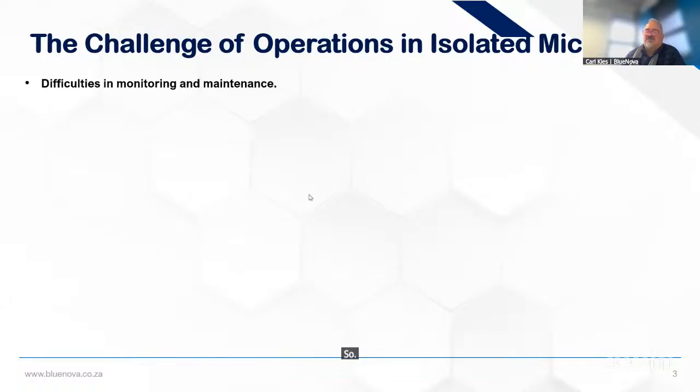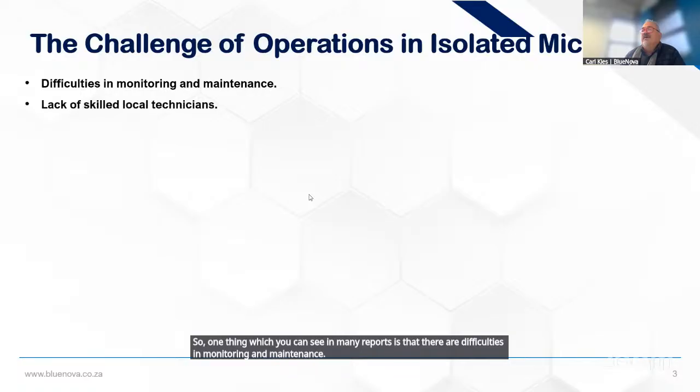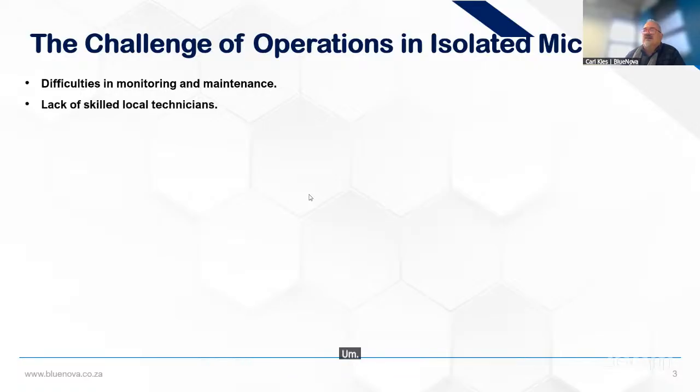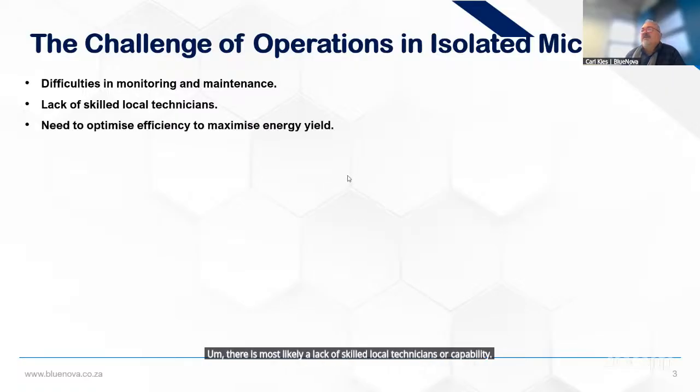So one thing which you can see in many reports is that there are difficulties in monitoring and maintenance. There is most likely a lack of skilled local technicians or capability. You obviously want to optimize efficiency so that you can maximize the energy yield.